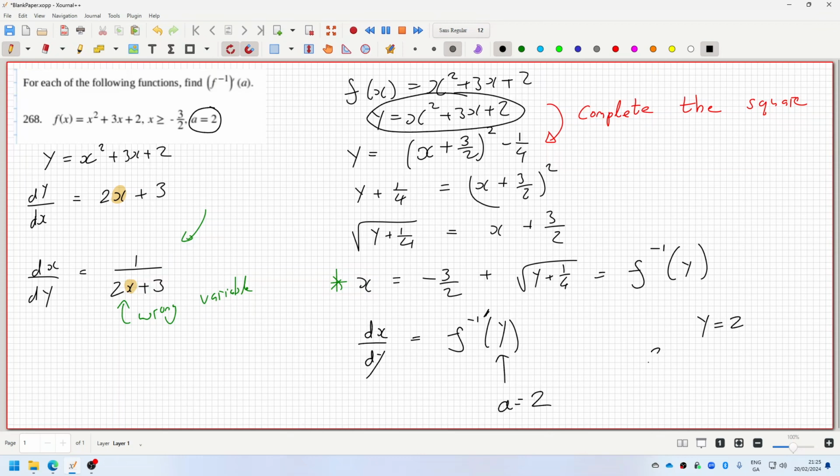So if we had 2 equals x squared plus 3x plus 2, those cancel, and I end up with the equation x times x plus 3 equals 0. So I get x equals 0 or minus 3. But the x is supposed to be more than or equal to minus 3 over 2, so it can't be that. So it has to be 0.